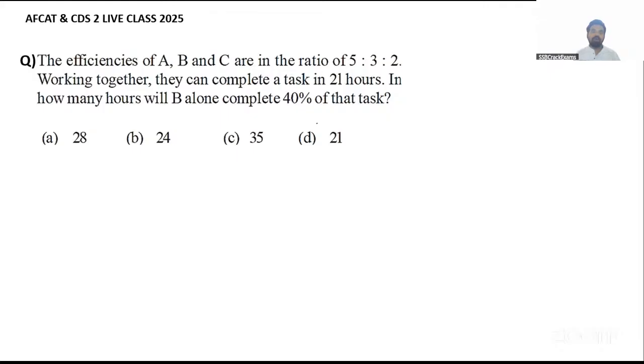In how many hours will B alone complete 40% of the task? So it is asking, all three of them can complete the work in 21 hours. In how many hours will B alone complete 40% of the task? So think about it.